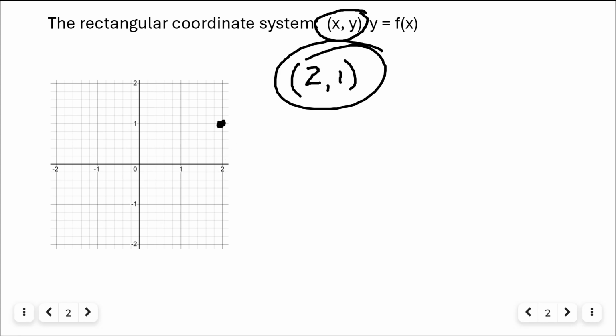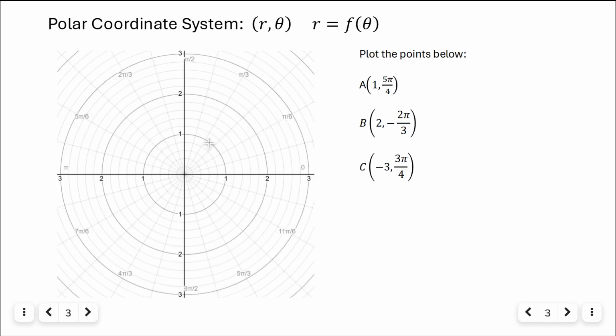And that would be it. You can do this with any number of points. You can connect the points to make functions if you'd like, and then write equations for them. So the rectangular coordinate system is the one that you've been using for a very long time in your mathematical career. But today, we want to talk about the polar coordinate system.